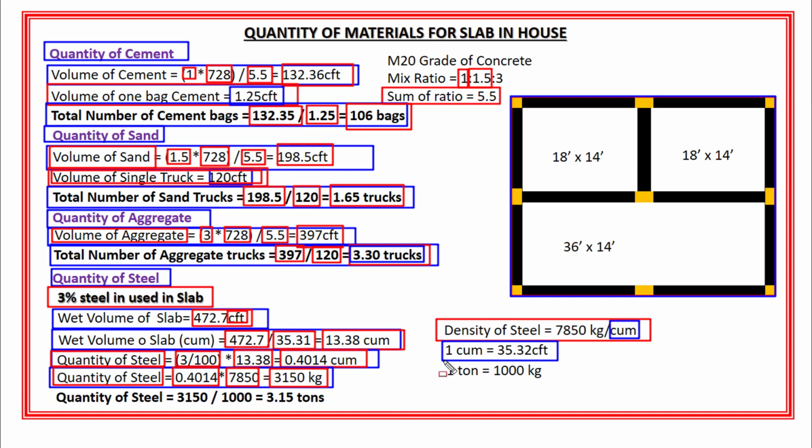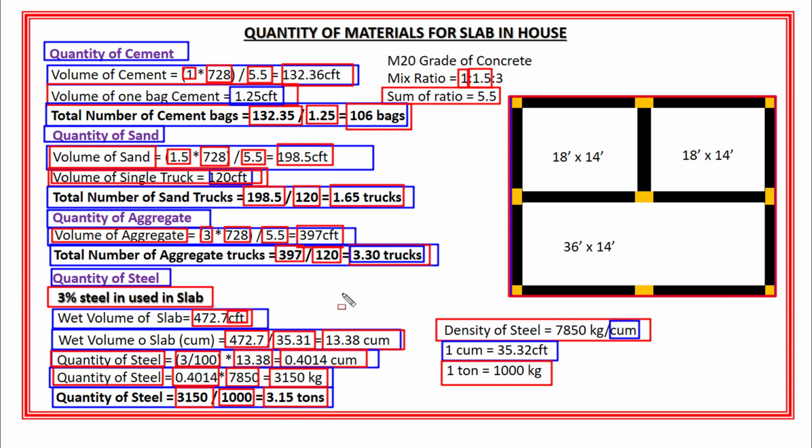Also, we know that 1 ton is equal to 1000 kg. So the total amount of steel in tons is equal to 3150 divided by 1000, and it will become 3.15 tons. So now I can say that in the construction of 37.5 feet by 30.25 feet slab, 3.10 tons steel will be used.